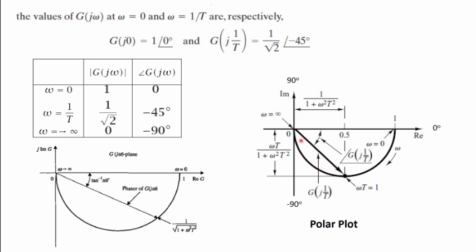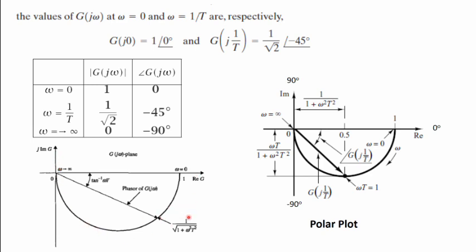semicircle rather. Okay, so we can also prove that this plot is following a circle whose center is at 0.5 and radius is also 0.5, and with respect to change in the omega, this 1 upon square root of 1 plus omega square T square will act like a semicircle.